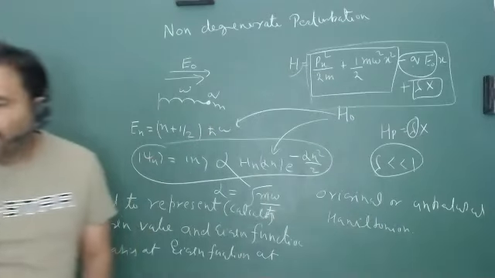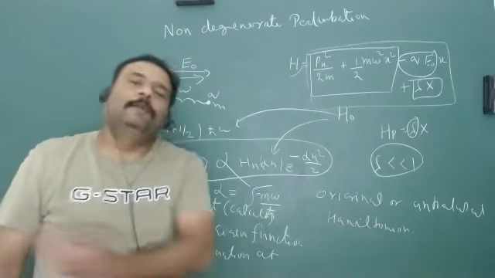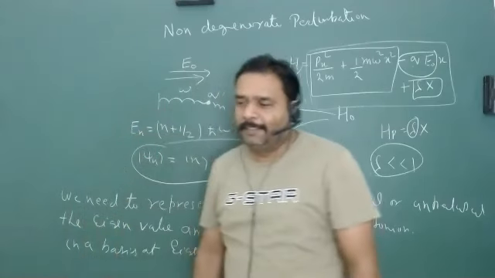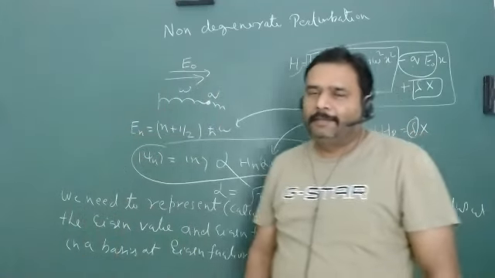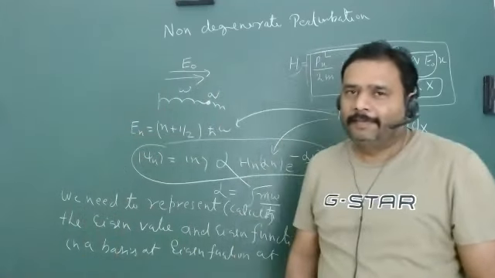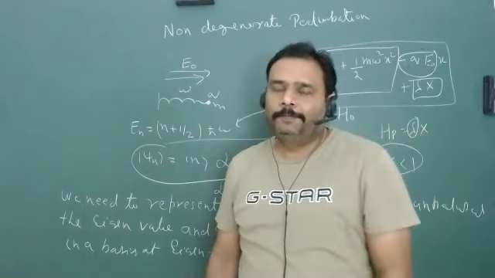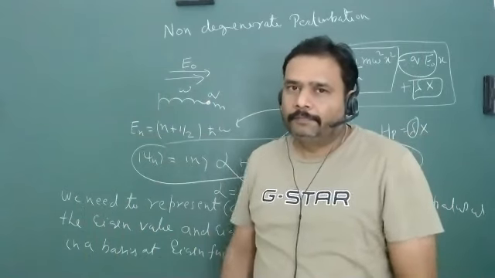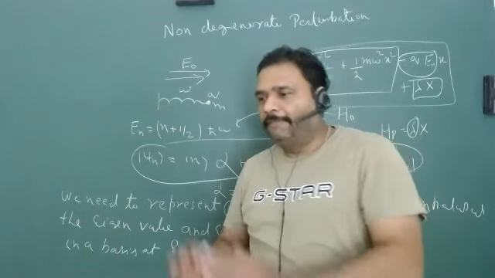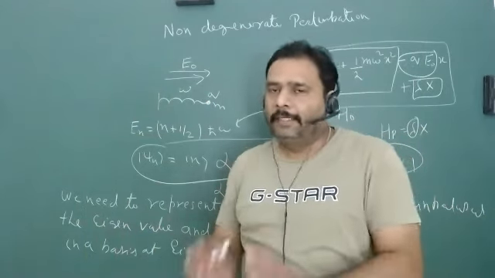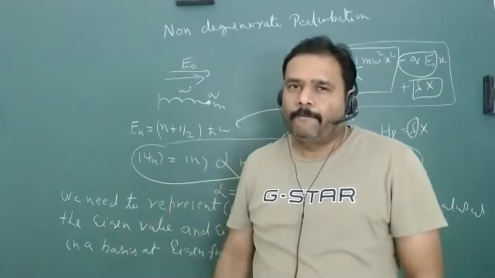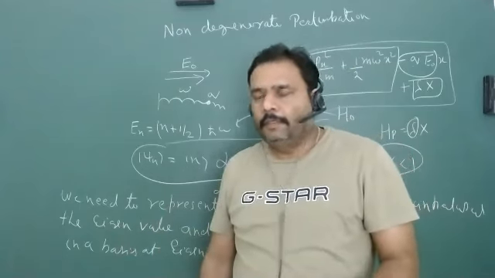So can anybody tell me what should be the known thing in this problem? What should be the known thing in this problem, from which you will be able to get the final answer? Can anybody have any clue? Alpha, sir. Sir, Alpha?